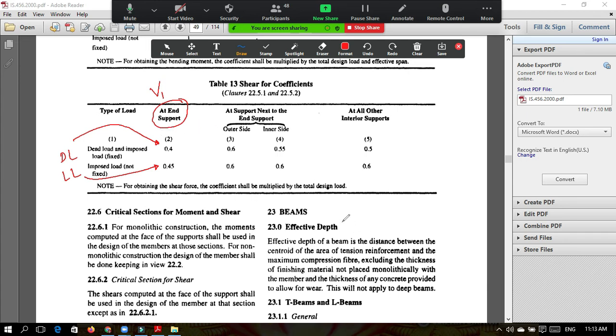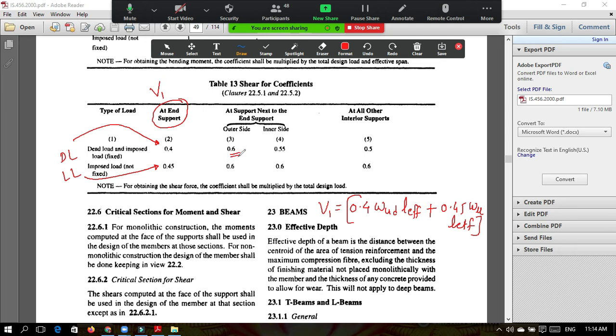So our formula will become V1 is equal to 0.4 into WD into L effective plus 0.45 into WL UL into L effective. This is our formula for V1, that is shear force at end support.